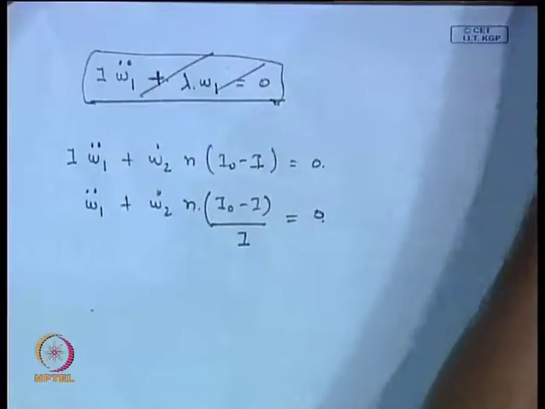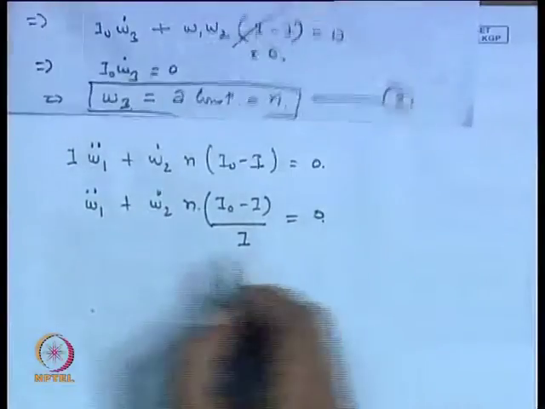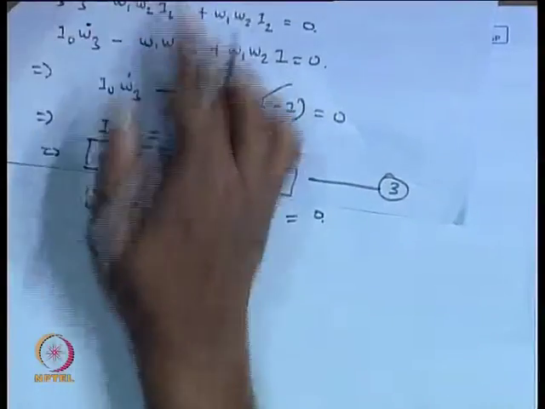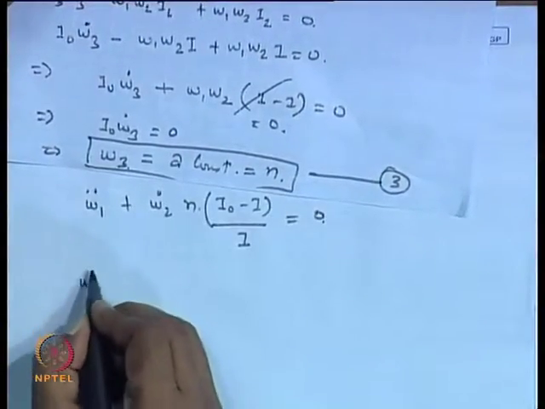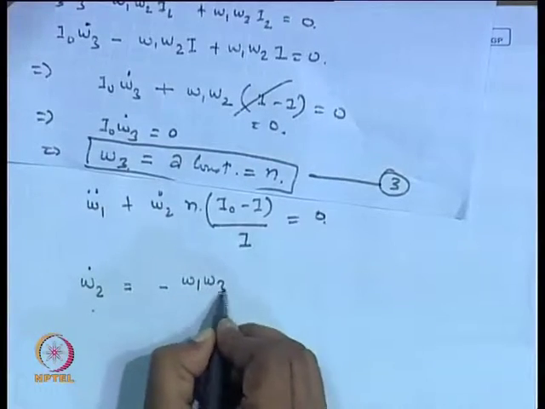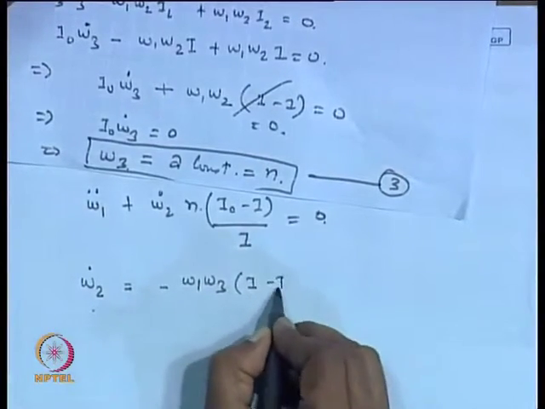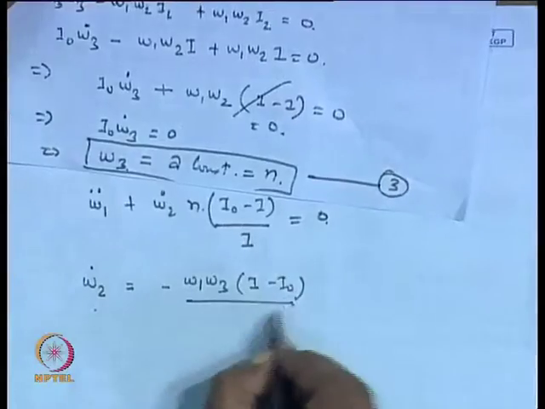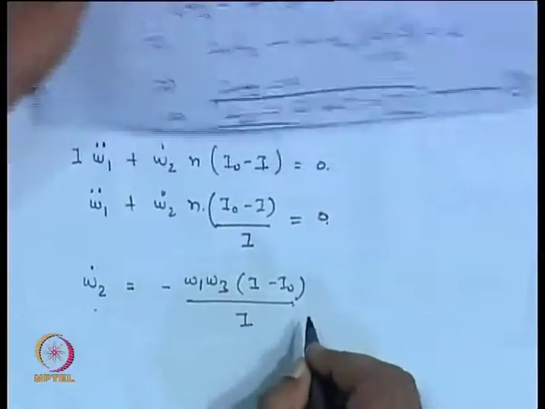Okay. The next equation is, we are using the omega 2 dot from this equation. So, omega 2 dot, this is minus omega 1 times omega 3 times (I minus I 0) divided by I. Okay.